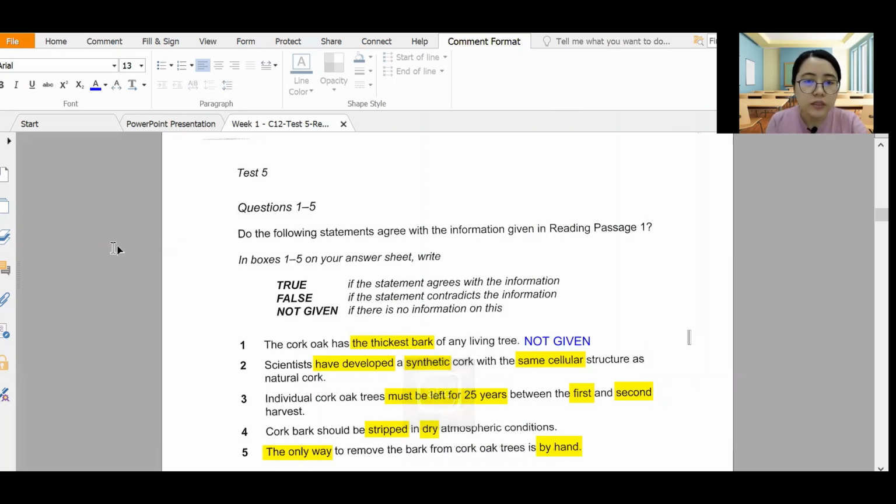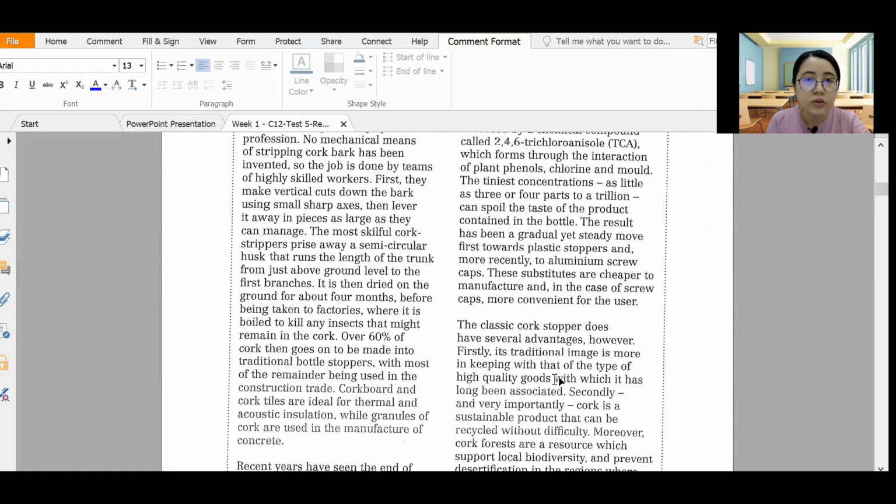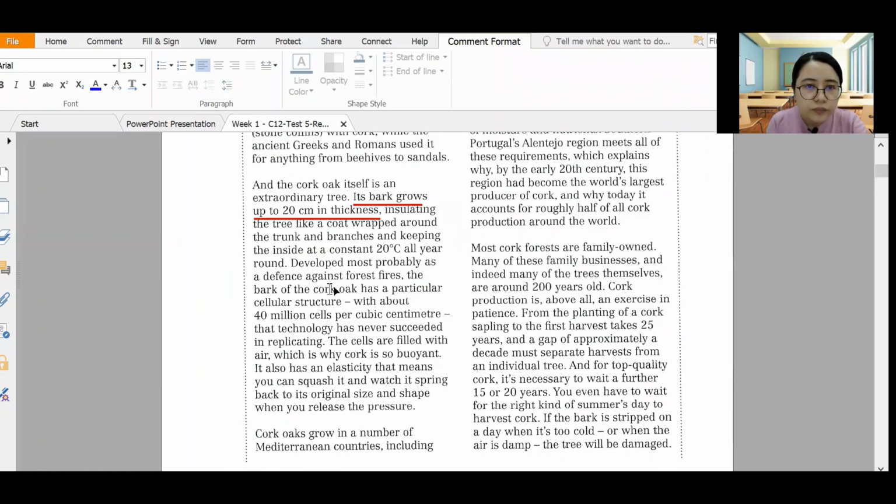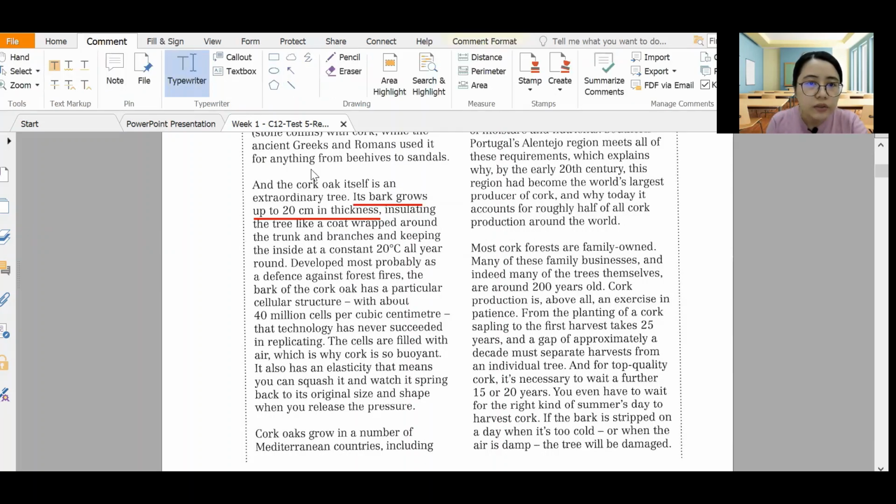Okay, next one. Scientists develop a synthetic cork with the same cellular structure. The cellular structure is here, with about 40 cells.